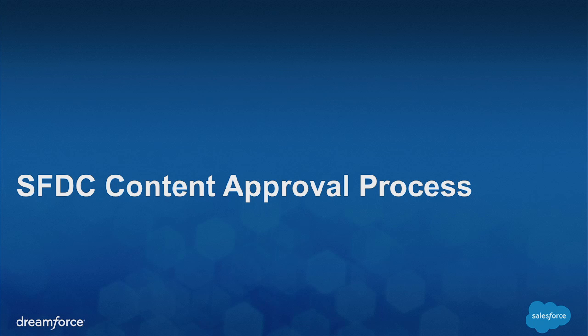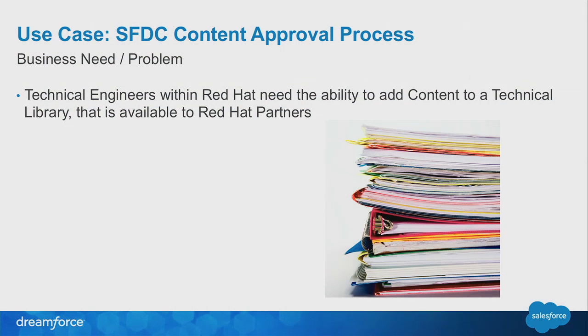So our business need in this case was that our technical engineers don't have access to content in our organization. They need to be able to publish technical content to our partners.